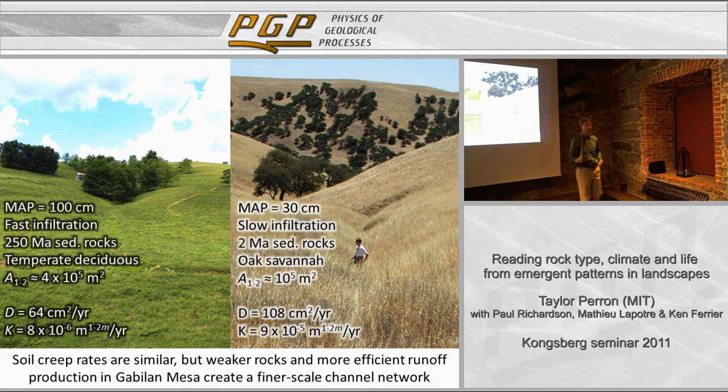So the real difference, the reason for this factor of 4 difference in spatial scale, is that it's a lot easier to cut into the more buttery rocks at Gavilan Mesa, which are more poorly lithified, and probably also because the infiltration rates here are slower and it's easier to generate overland flow. So you generate more channel discharge for a given amount of rainfall rather than draining it from the subsurface.